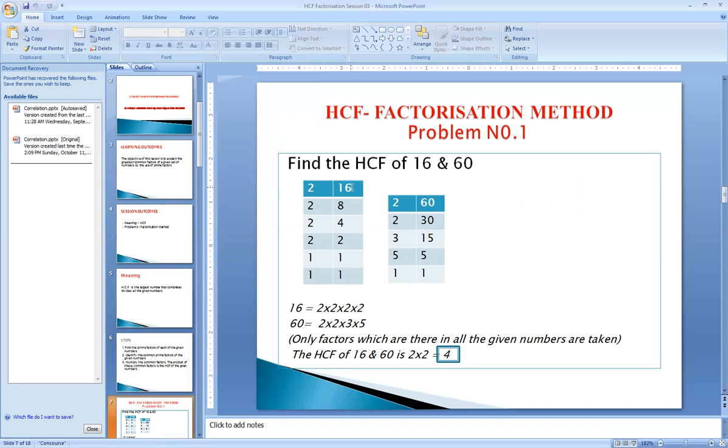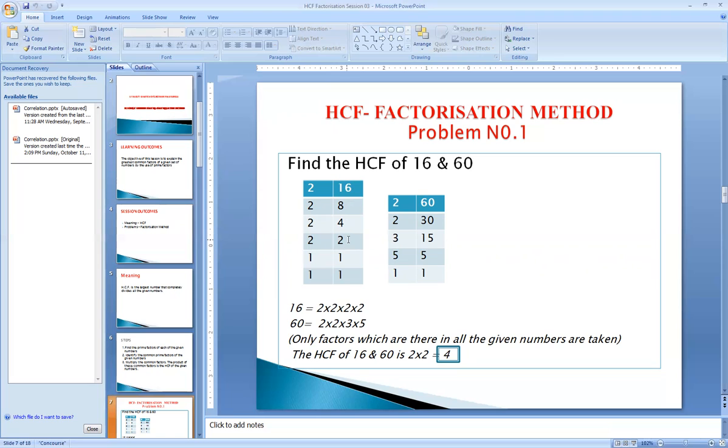Let us find the factors separately. It is 16. We should consider the least number when dividing 16, so we start dividing from the smallest numbers. First we divide by 2: 2 8s are 16. Then this 8 can be divided again by 2: 2 4s are 8.